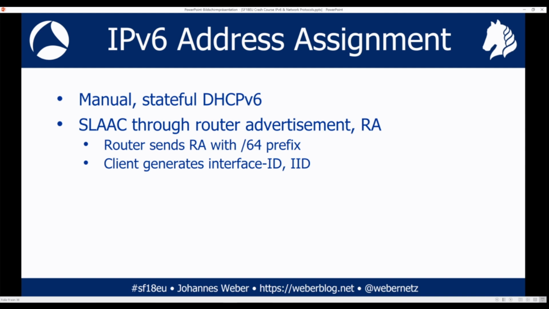This is really the crucial part of IPv6 addressing. At first, your router that's present on the local link sends an RA, a router advertisement, with a /64 prefix. Meaning, I'm the router, I'm sending to the local network, hey guys, I'm a router, and I am terminating this /64 prefix. That's the router advertisement.